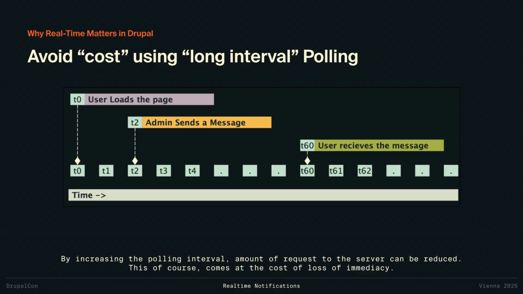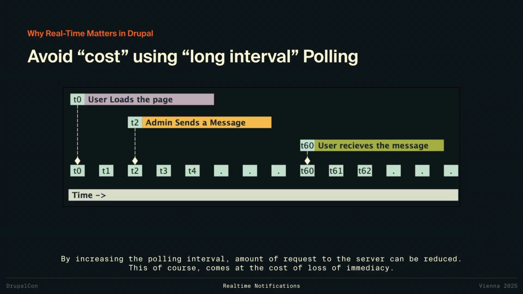There is a lot of wasted resource, because even though the payload is quite low, Drupal still has to serve that request, which is a full bootstrap and all the server resources associated with it.